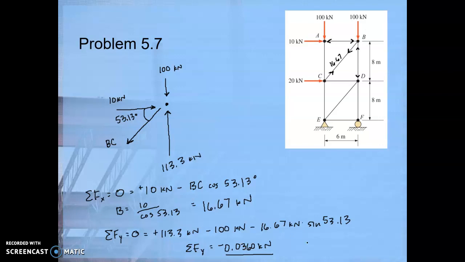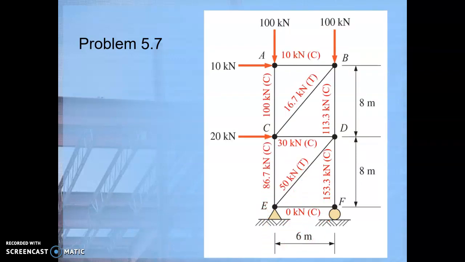That's a pretty reasonable margin of error, just simply due to rounding. In fact, we can move on to the next slide, in which we see, yes, this is a zero force member, which we found, 153.3, 50, 86.7, 30, 113.3, 16.7, 110. So yeah, all of our answers match up with the answers here in the answer key.